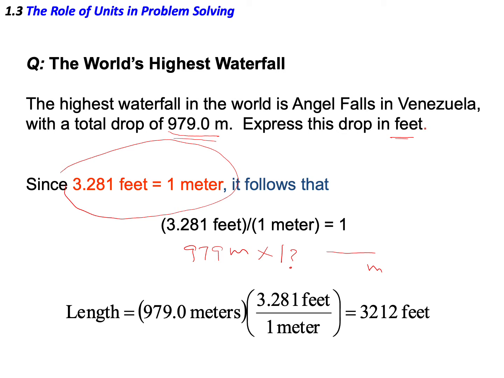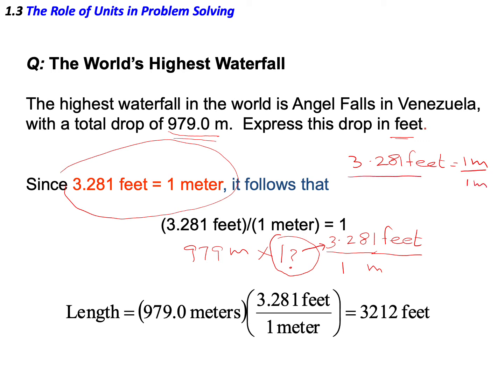So 1 meter and 3.281 feet. This is your 1. So 3.281 feet equals 1 meter, and if you divide both sides by 1 meter, you have 1 on this side.